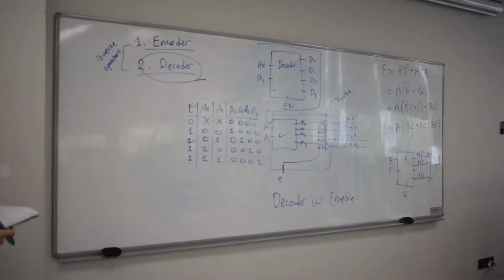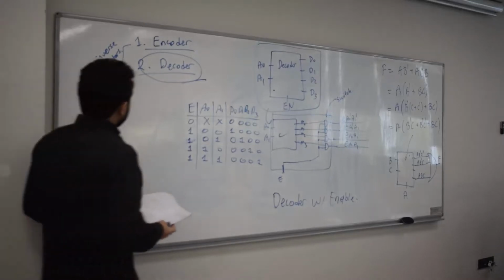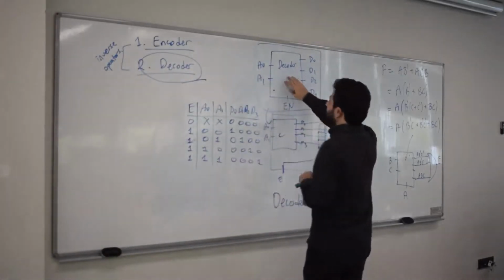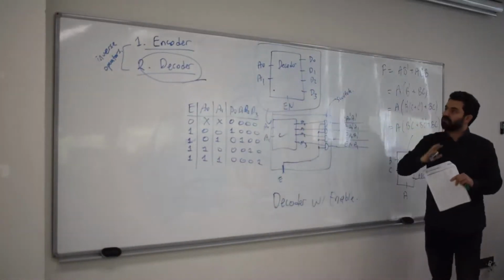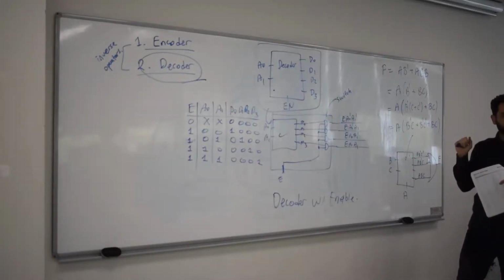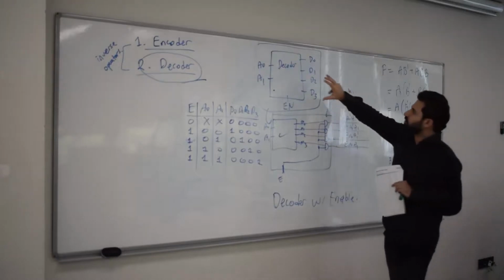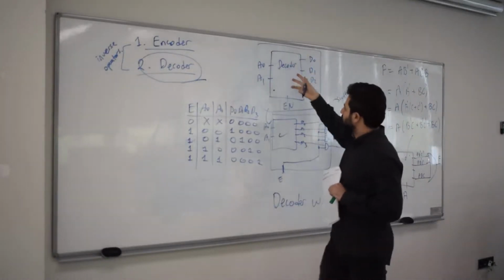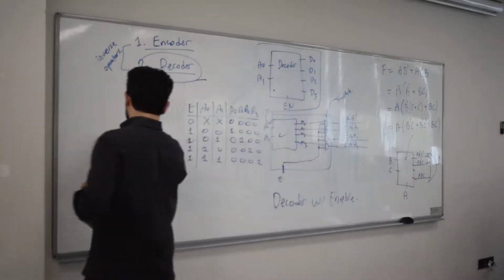Okay, great. I'd like you to think about this decoder and look at it from a different perspective now, because I'm going to just turn this around. Now this enable is going to be here.